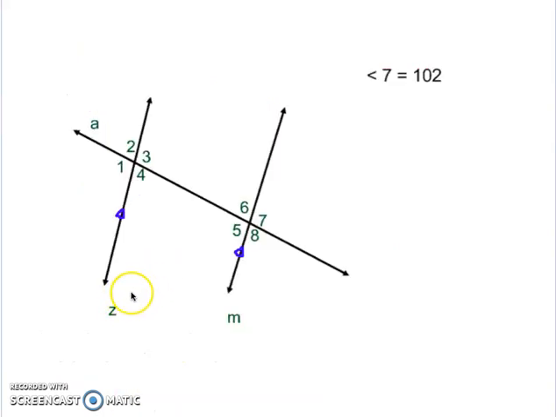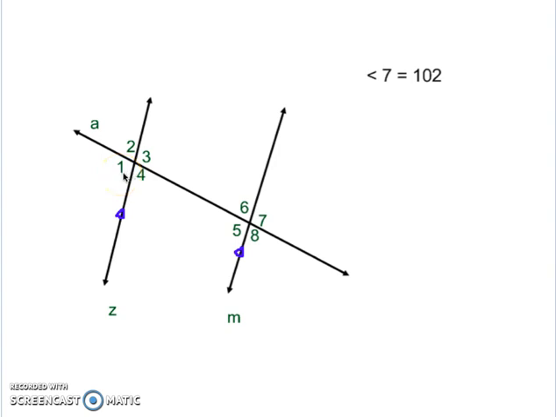In this picture, we have line Z and line M cut by transversal A. Angle measurement up here, angle measurement 7, says that it equals 102. So if we go to the picture, angle 1 would also equal 102.